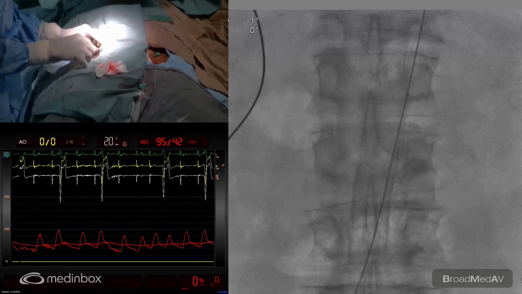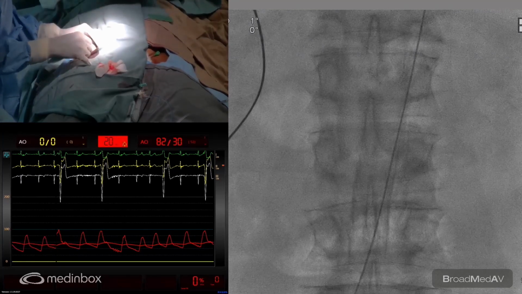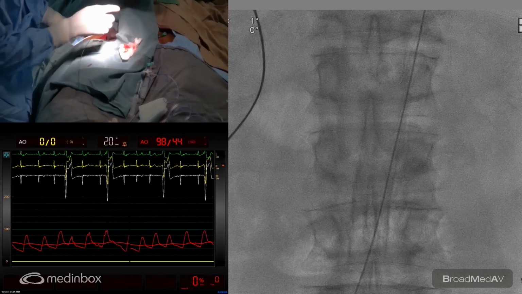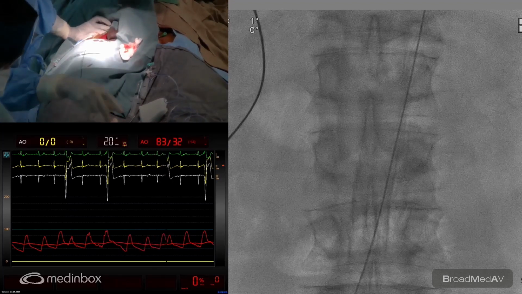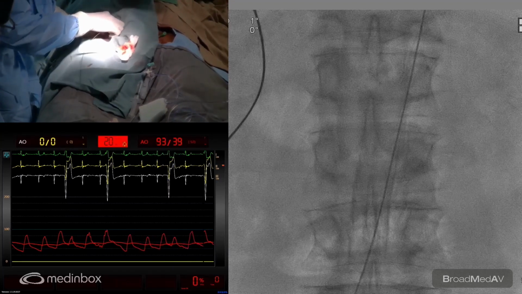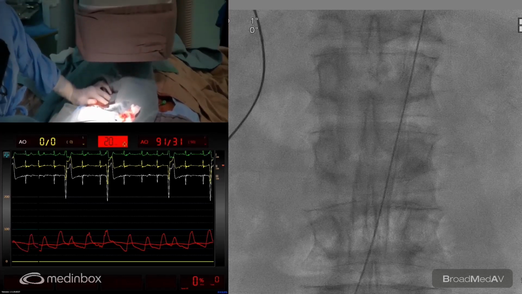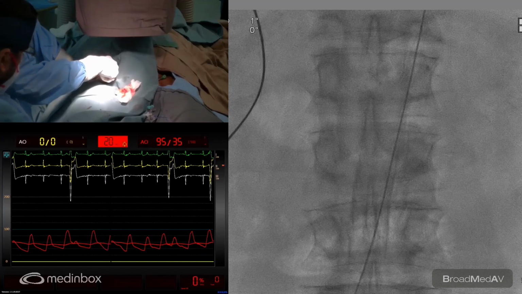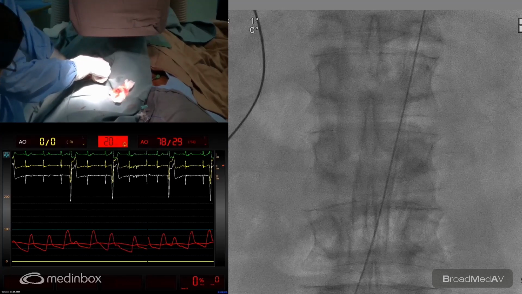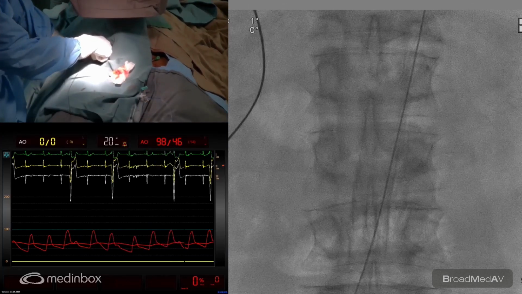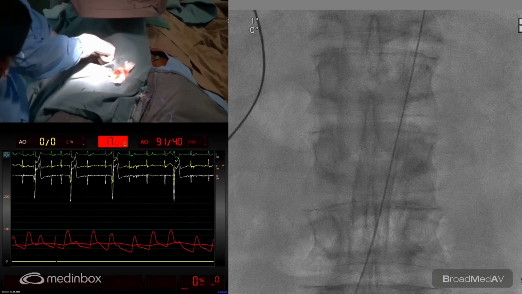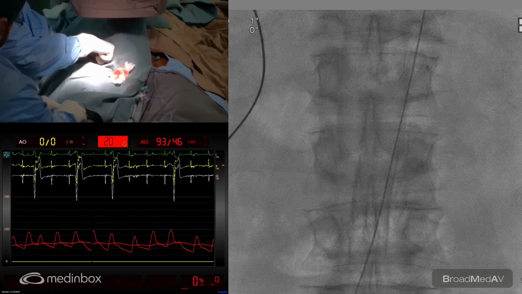So we're going to just move the table up, please. Give me artery forceps for dilating. So the most important thing in the proglide is to see that your proglide doesn't have difficulty in the subcutaneous tissue. So it's important to dilate and create a good access so that the proglides can go in smoothly.